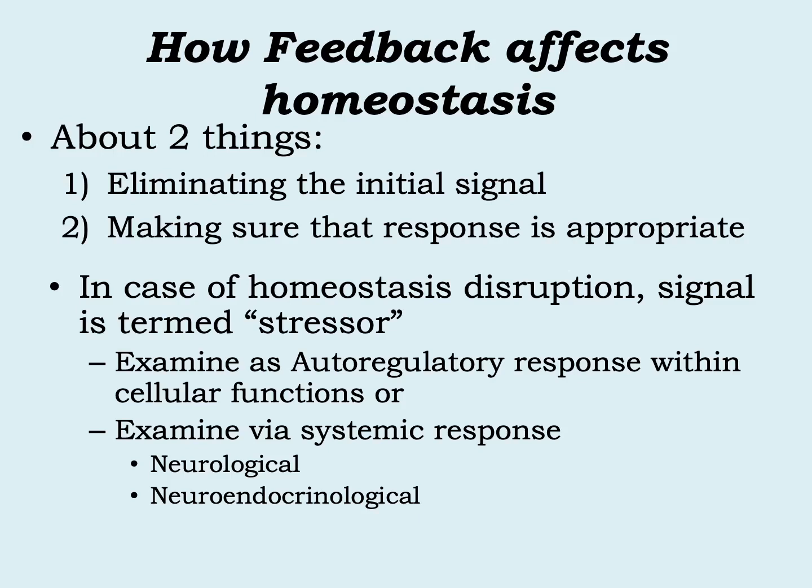And since we're talking about stress, we'll call it a stressor. We can examine these stressors either as what's referred to as an autoregulatory response, that is, the cell itself is going to change its function based off of the stress that's occurring. That is the idea of control. Or we can look at it based off of a systemic response where we have either neurological signals or neuroendocrinological signals, cytokines, hormones, neurotransmitters that come into play based off of the concept of regulation.